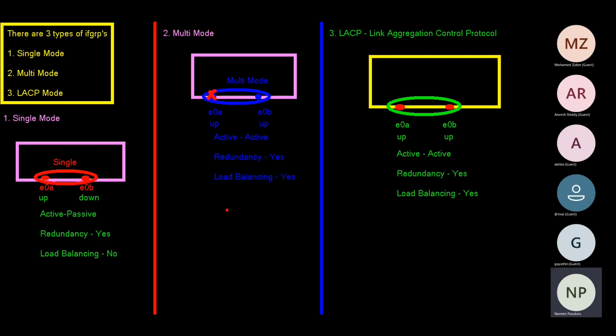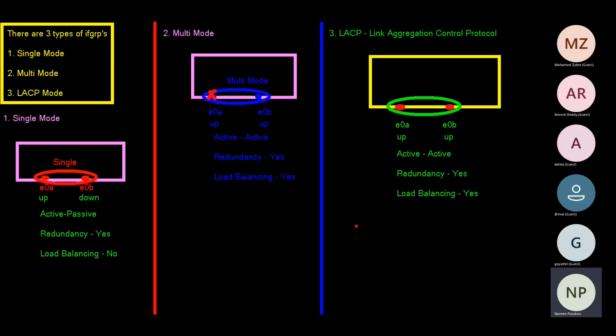But when it comes to LACP, LACP is an intelligent mechanism which can detect the port status. If a port went down, it will be able to discover that on its own, and it automatically diverts the traffic through the active port.